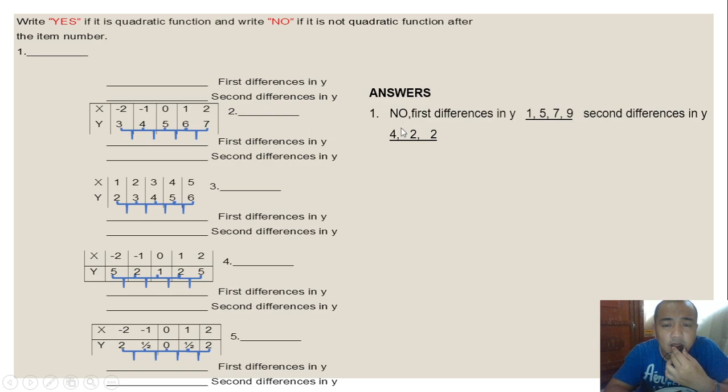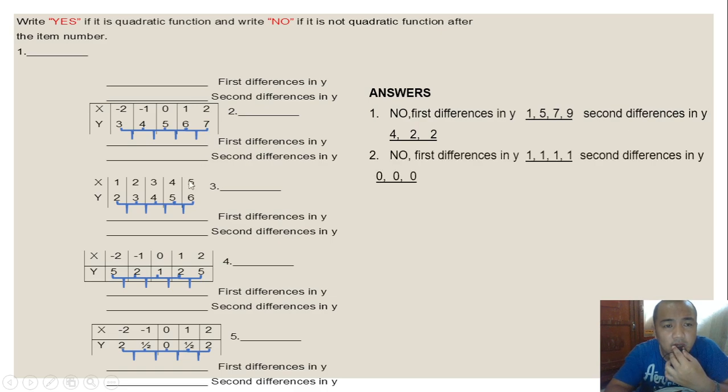So for number 1, it is not a quadratic function because the second differences in y are not equal.